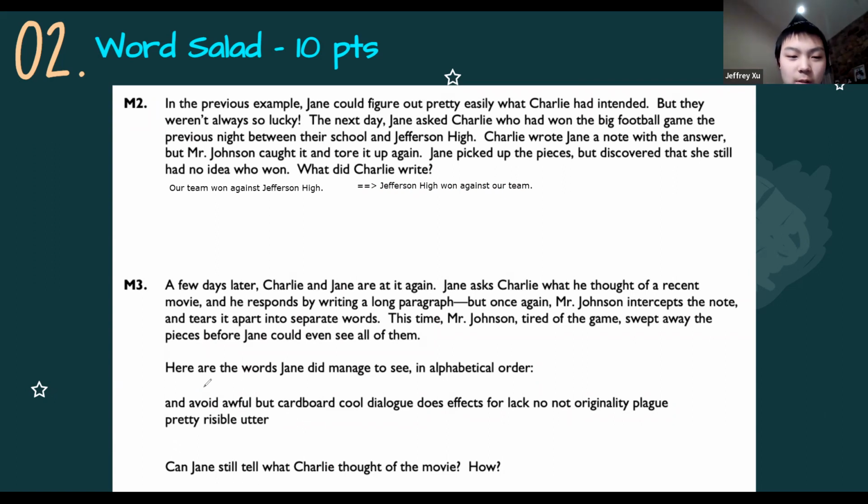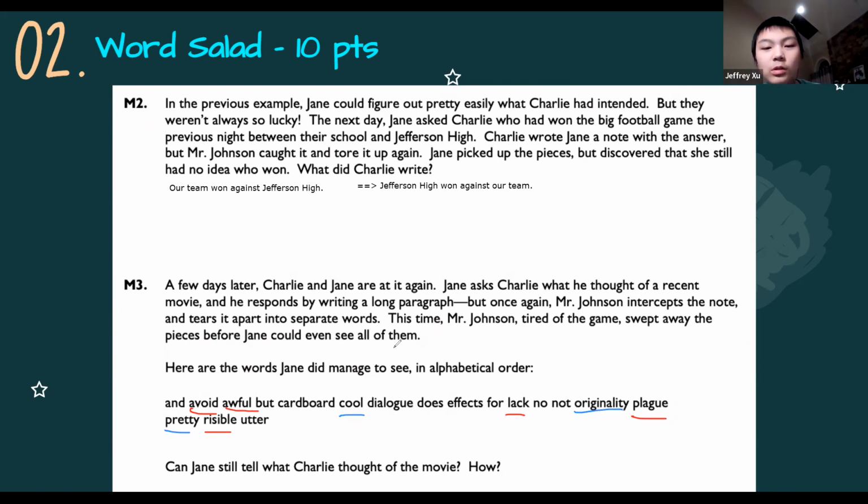So we look at the words themselves, and the first thing you can notice is there are a lot of words such as avoid, awful, lack, plague, risible that have a strong negative connotation, while there are a few, a lot less, such as cool or pretty or originality, that might have a more positive connotation.